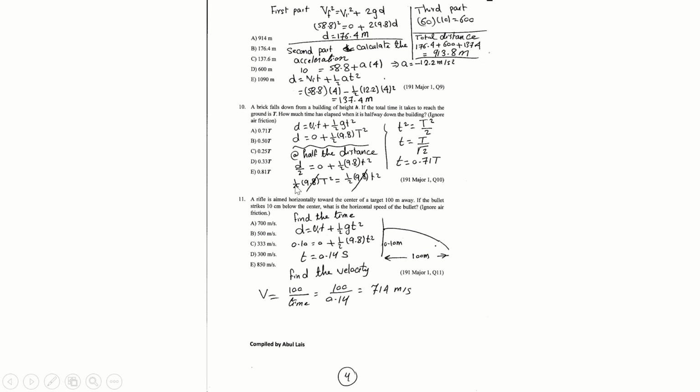So now I will replace d with this, which will equal 1 over 4 times 9.8 times capital T squared. That's equal to half times 9.8 times t squared. Now we can cancel 9.8 with 9.8. We end up with t squared equals capital T squared over 2. Then you can solve for t, and t equals 0.71 times capital T, and the answer is A.